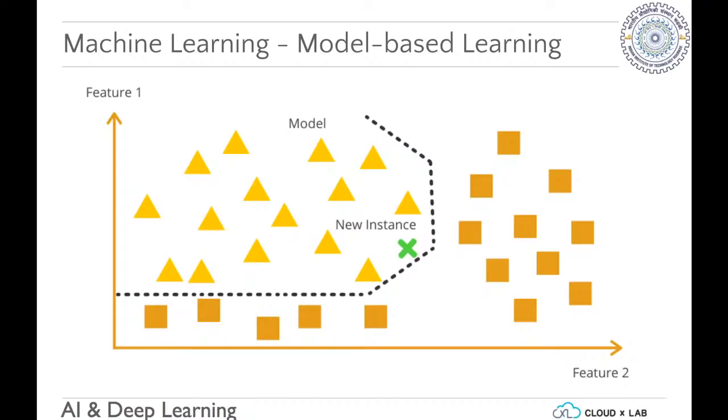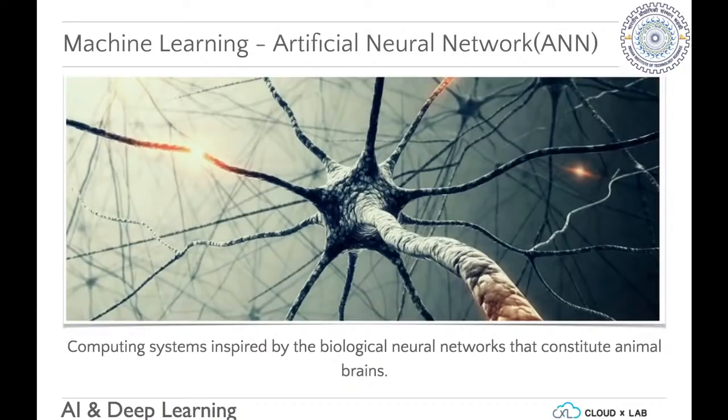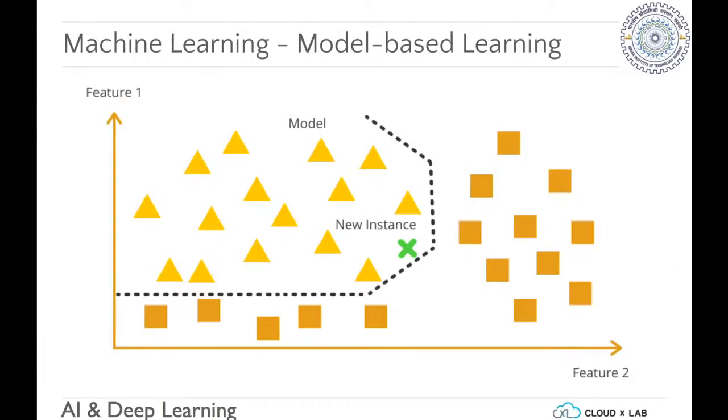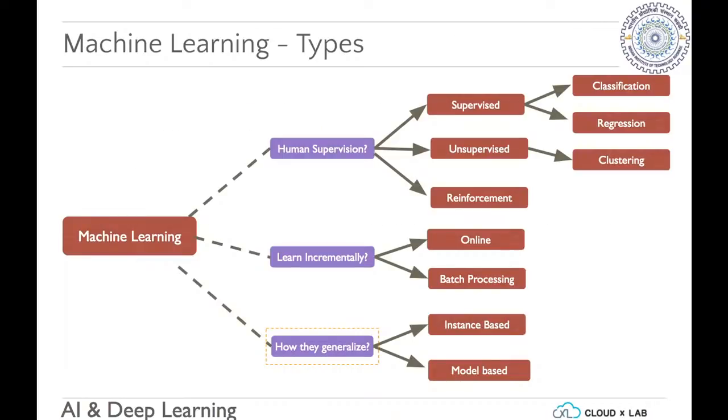So coming back to it, this is the third way of categorizing machine learning itself, based on how well the models are generalizing, whether they're memorizing and then comparing, or doing model-based learning, right? And you will see this more and more.